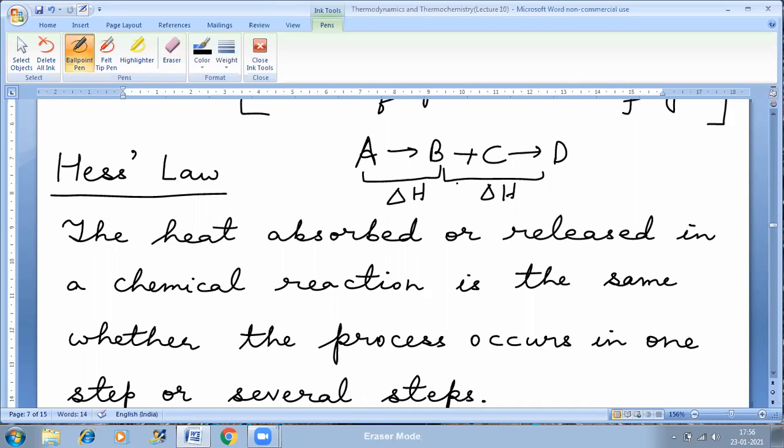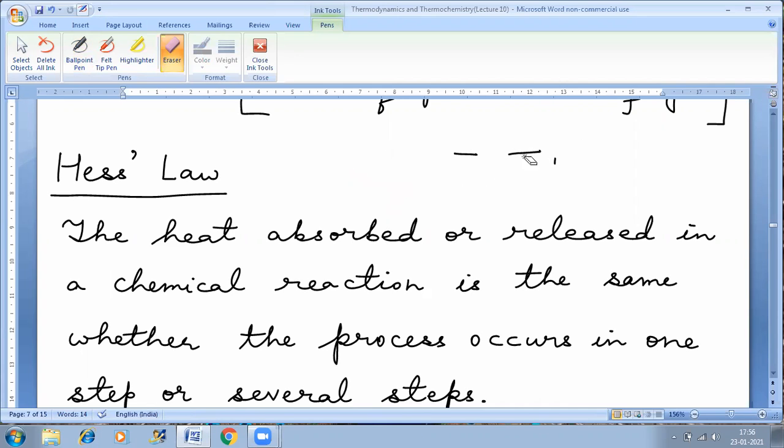So whether A forms D directly or it forms D through another reaction in between, the final delta H will be the same, irrespective of the number of steps. That is why we are saying that Hess's law is helping us evaluate the different enthalpy changes for the steps.